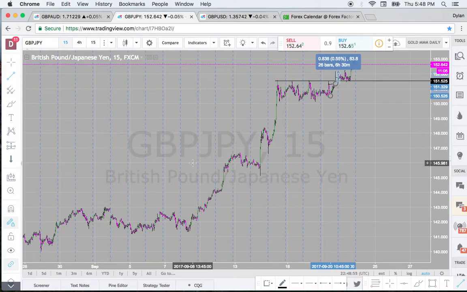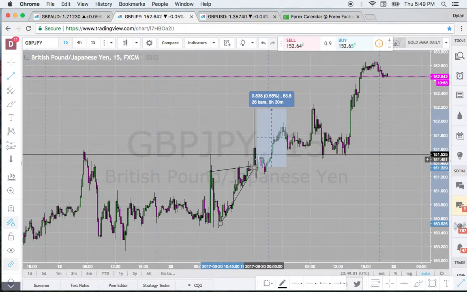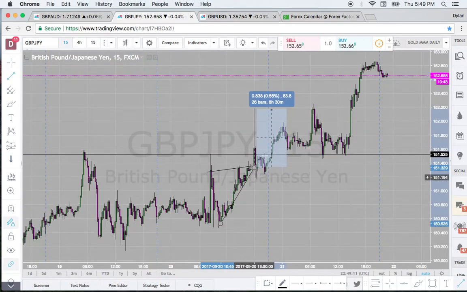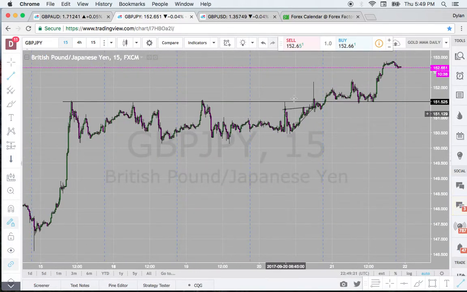It's as easy as that. Now, this wedge formation here, this wedge breakout that I have been teaching just now, this can also be used to go with the trend, even though it is an M setup.